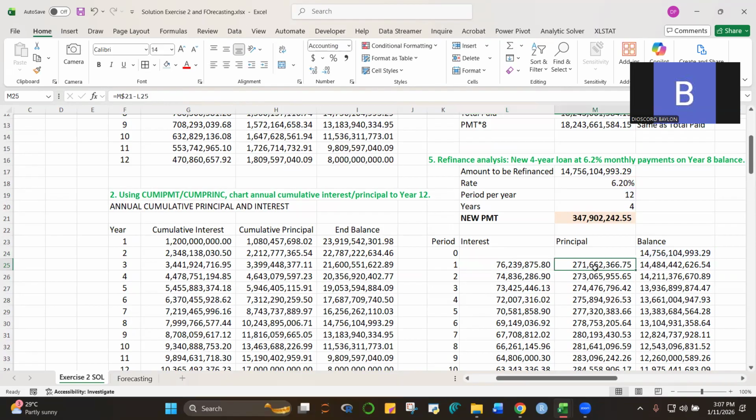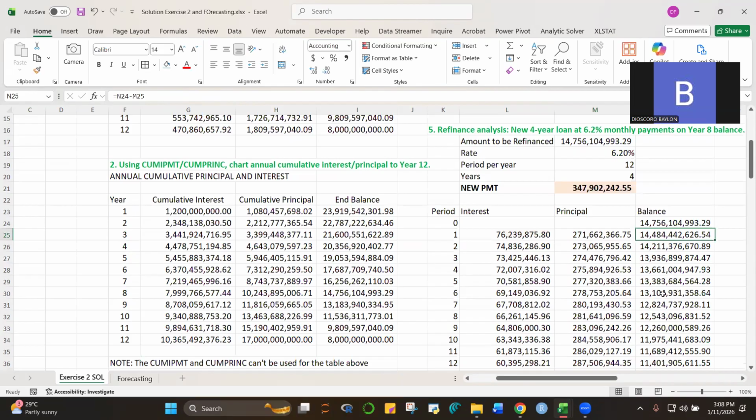The principal will be the amortization payment minus the interest payment, and the new principal balance will be the current balance minus the principal payment.